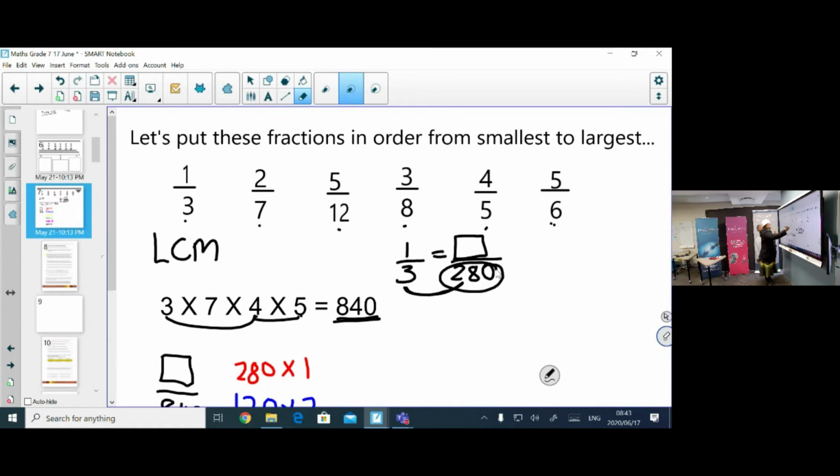And then my 12 is catered for by 3 times 4, which is 12. So I'm having 8 there. If I multiply 4 times 5, 8 will go in there. And then I'm having 5 there. 6 will be catered for, will go into the numbers because 4 is like 2 times 2. So my 6 will come out of there.